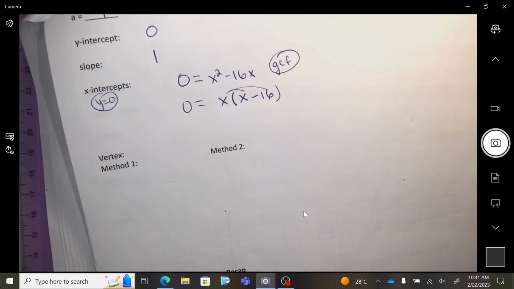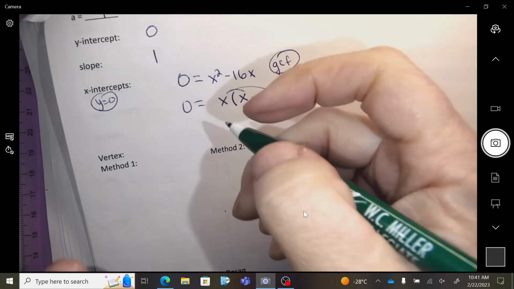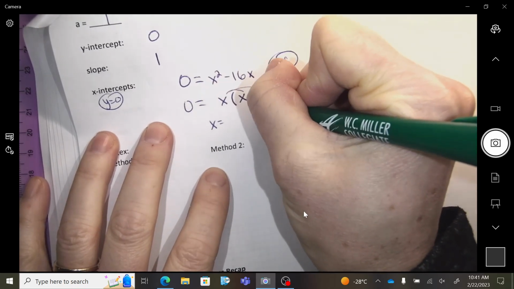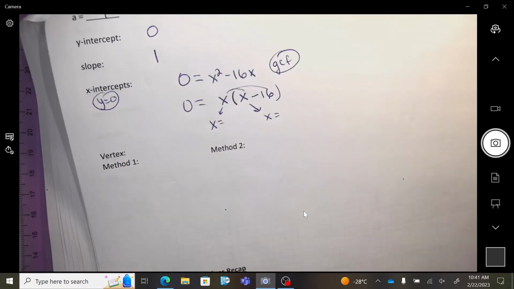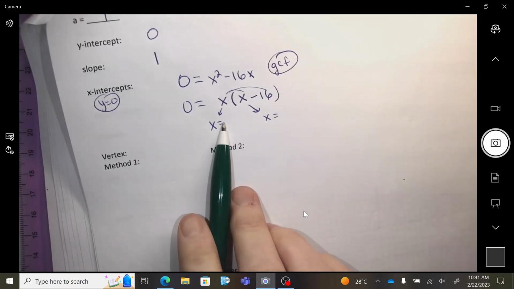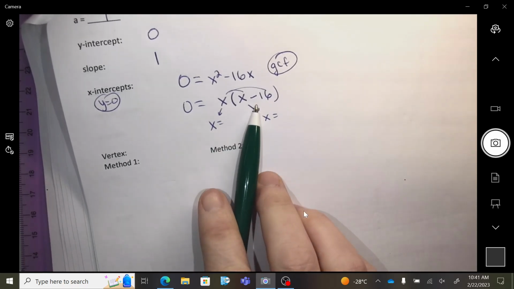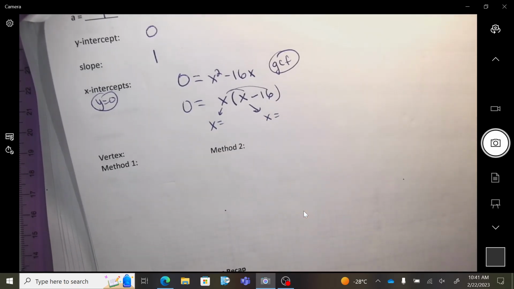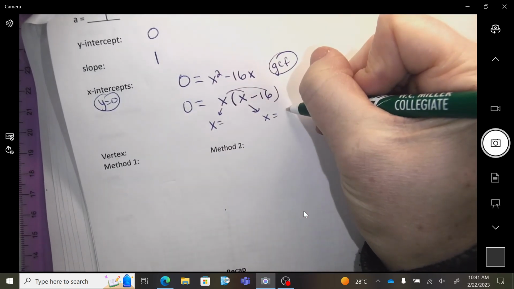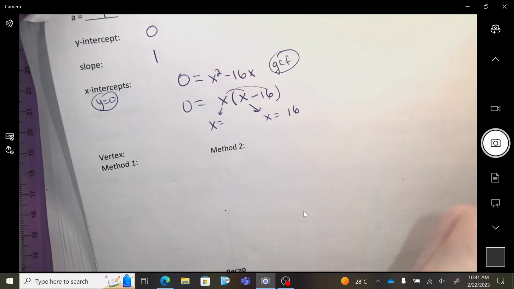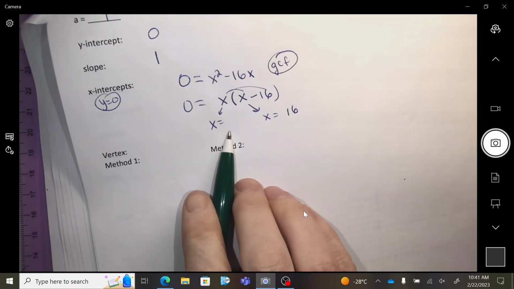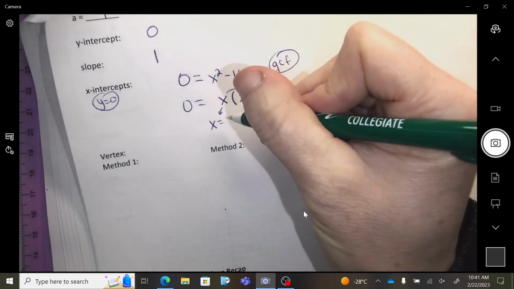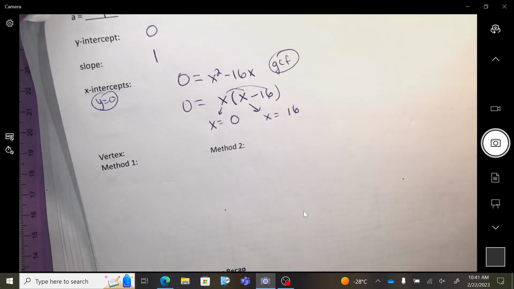I'm teaching the grade 10s this right now, and I'm making sure they don't forget. Okay, I have two solutions for x. What would I want x to be here to cause 0? So this one is probably easier, positive 16. But what would you want here? You would need x to be 0.